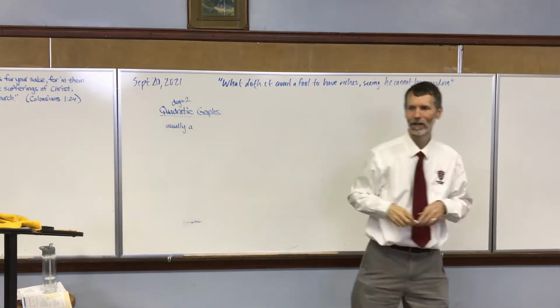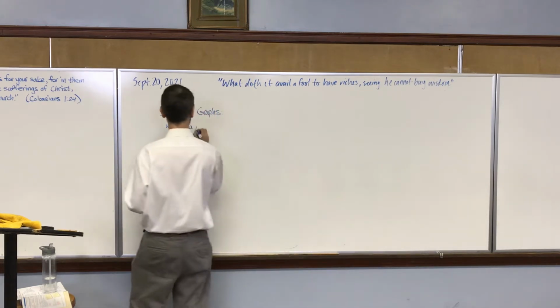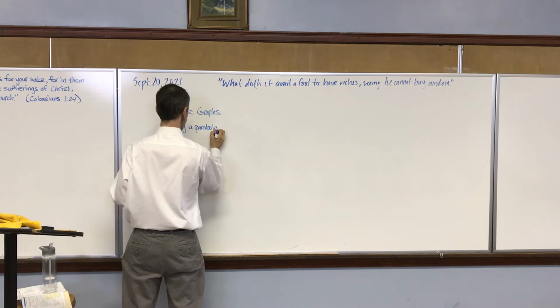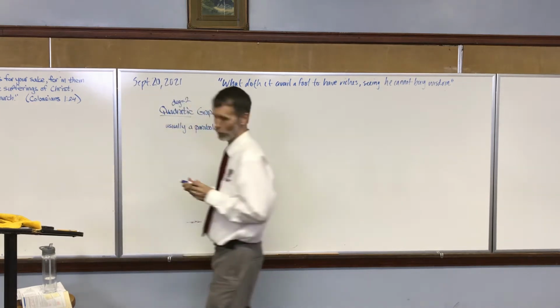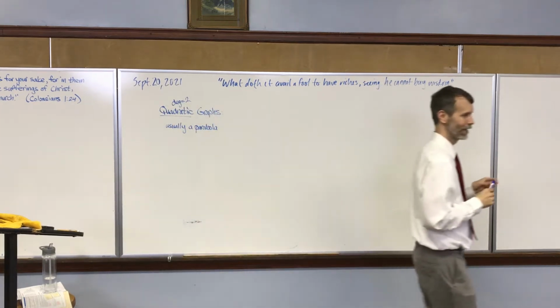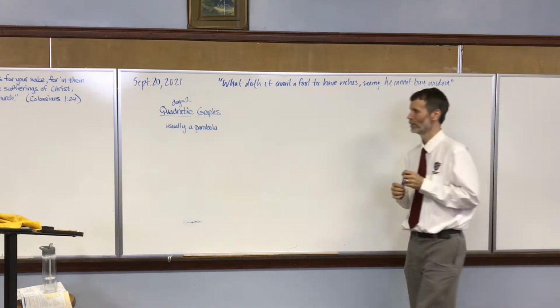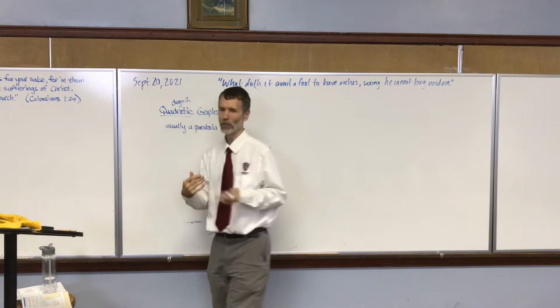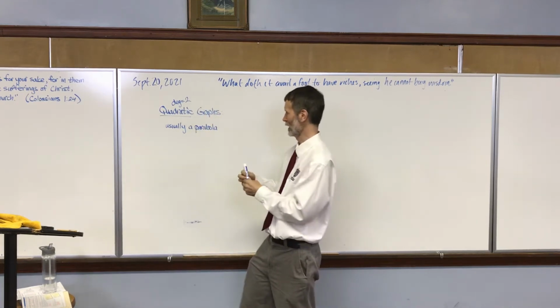Parabola. Usually a parabola. If the quadratic graph is a function, then it's almost always a parabola. If it's a polynomial function, then it's always a parabola. Anyway, we'll get more on that later.